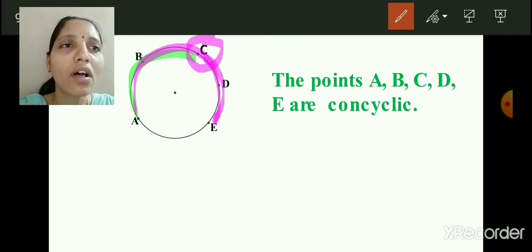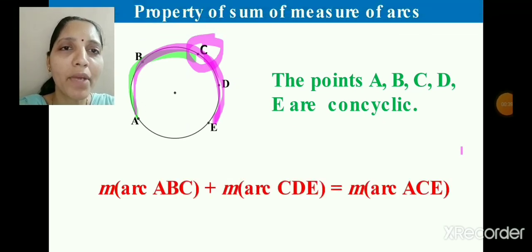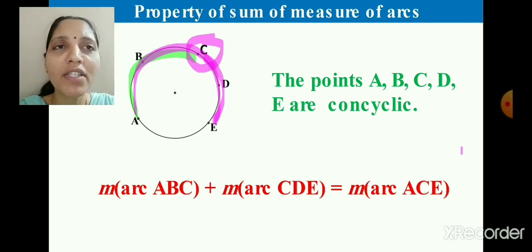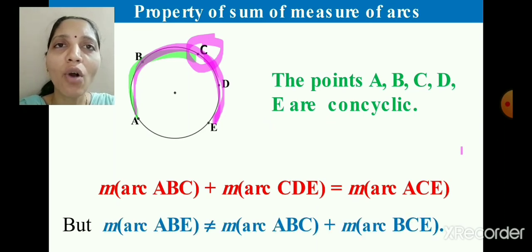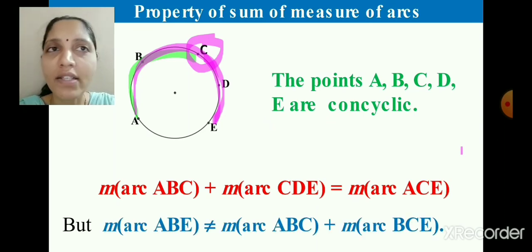So in this figure, measure of arc ABC plus measure of arc CDE is equal to measure of arc ACE. But what is the condition? There should be only one common point between the two arcs.